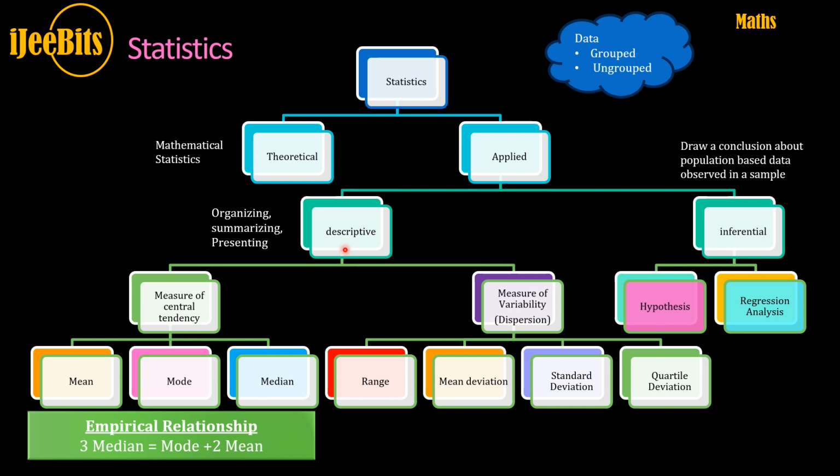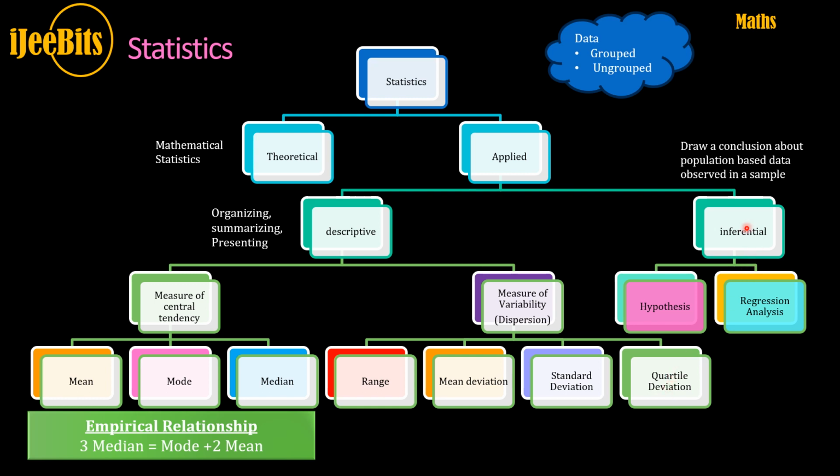Mostly our concentration today would be descriptive, within which is measure of central tendency. What are all the subset of topics that we are going to cover in calculating the central tendency? For example, mean, mode, and median. Whereas in measure of dispersion, we have range, mean deviation, standard deviation, and quartile deviation.